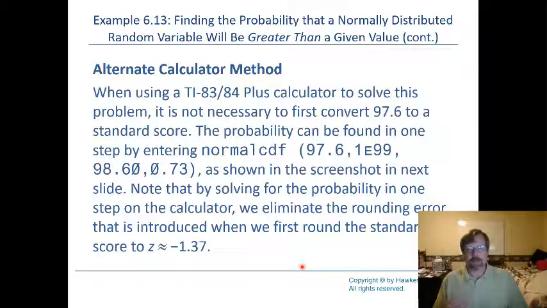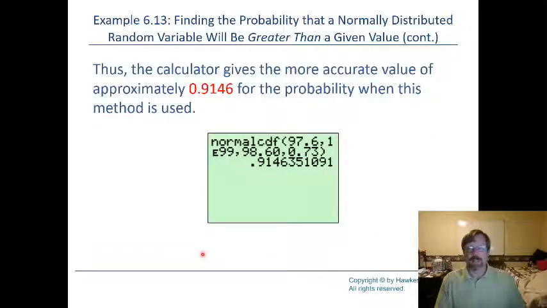Again, you can do this in one step in the calculator, and doing so actually eliminates some rounding error that happened when they rounded the z-score to negative 1.37. So you get a slightly different answer.